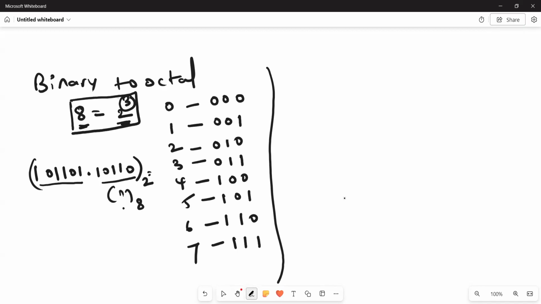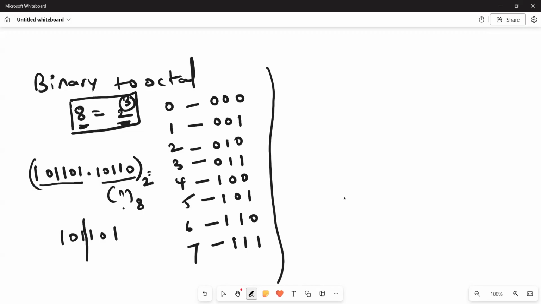First take the integer part, that is 101101. From right to left, you divide the data into groups such that each group contains 3 bits.